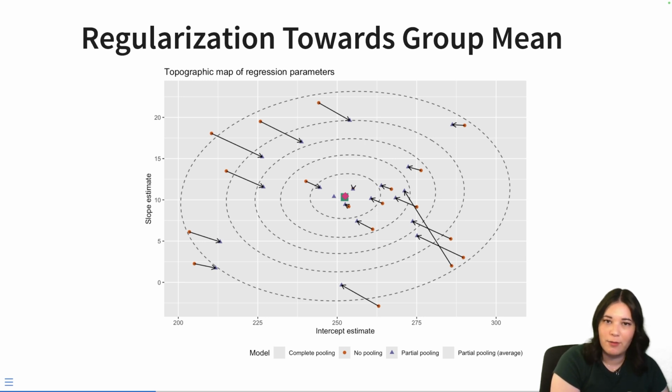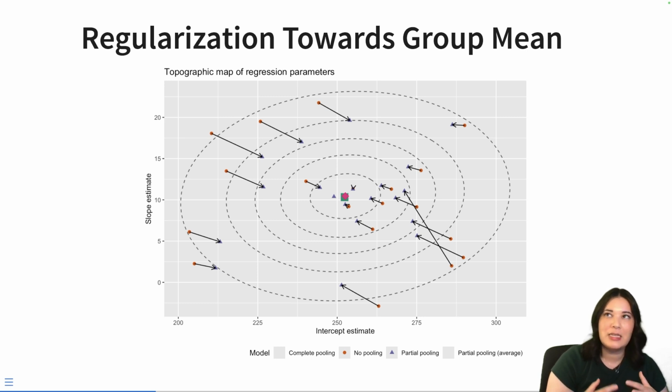Essentially, when we have really strong signal in the data that our coefficient estimates for an individual should be different than the group mean, great, we let them be different than the group mean. However, when we don't have very strong evidence, maybe it's a really highly variable pattern that we're seeing, or we just don't have a lot of data, then those estimates get regularized towards the group mean.